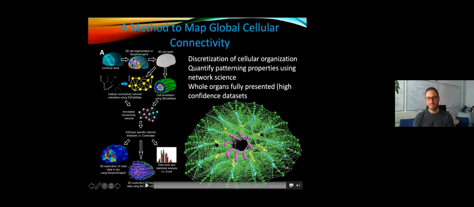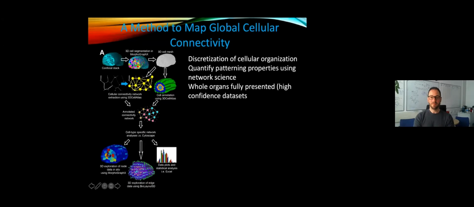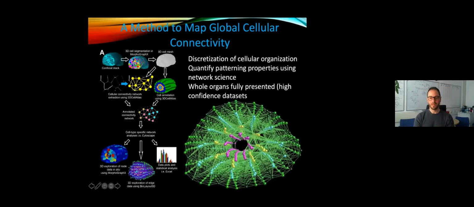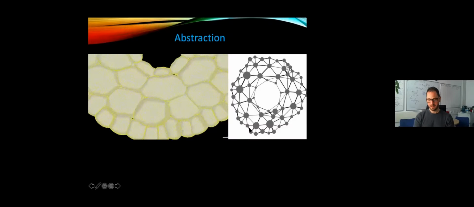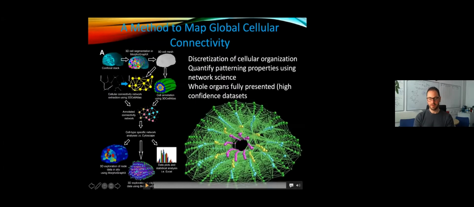So just to give you an idea visually of what these networks look like, this is an Arabidopsis hypocotyl. This is laid out in 3D. And the balls are the cells, and the green lines are the physical connections between the cells. And the different cell types have been identified, and they've been given different colors. Oh no, where's the video? Here we go. I'm just going to spin this around.